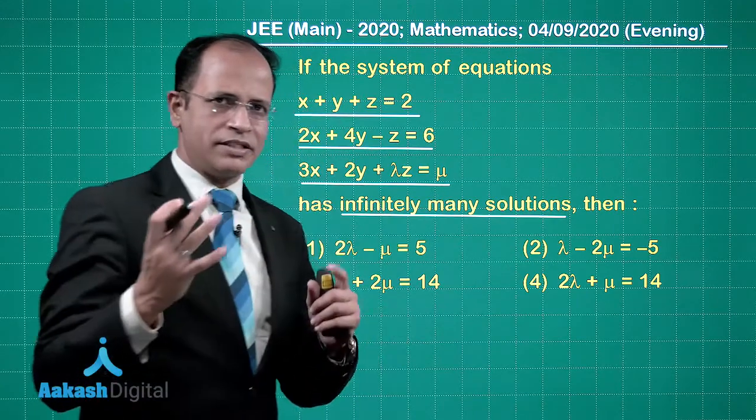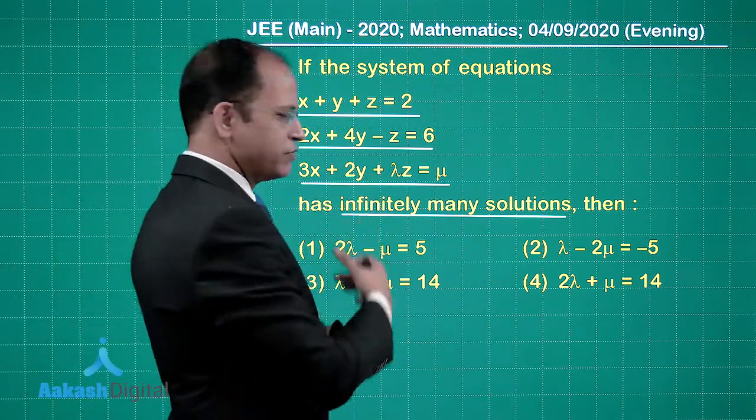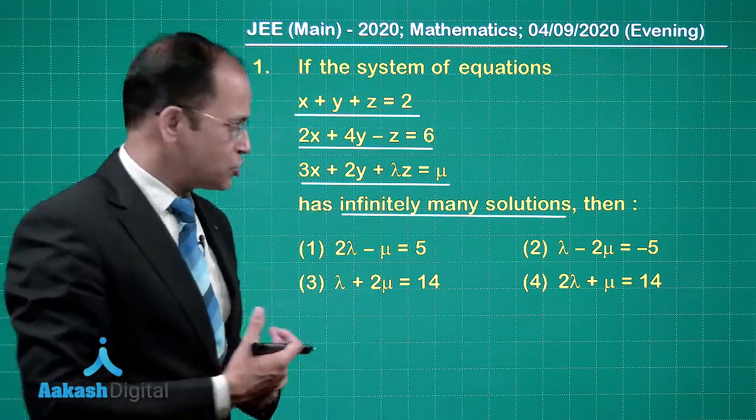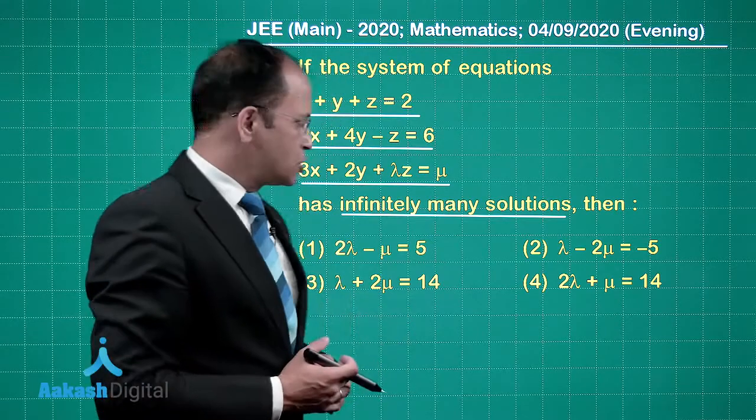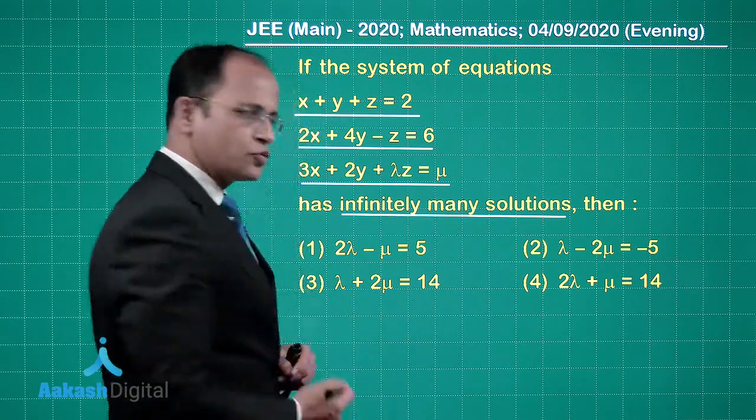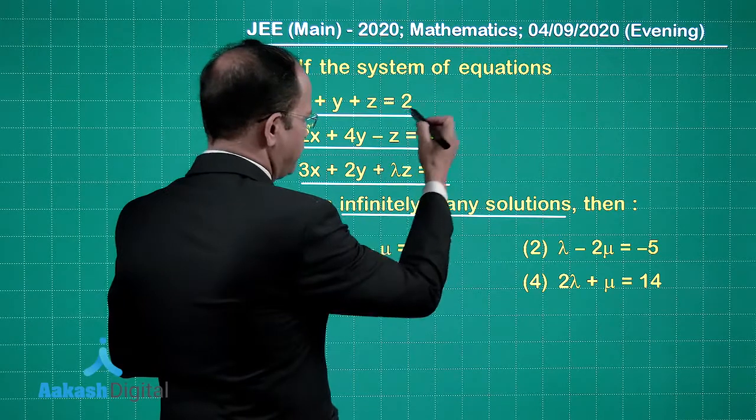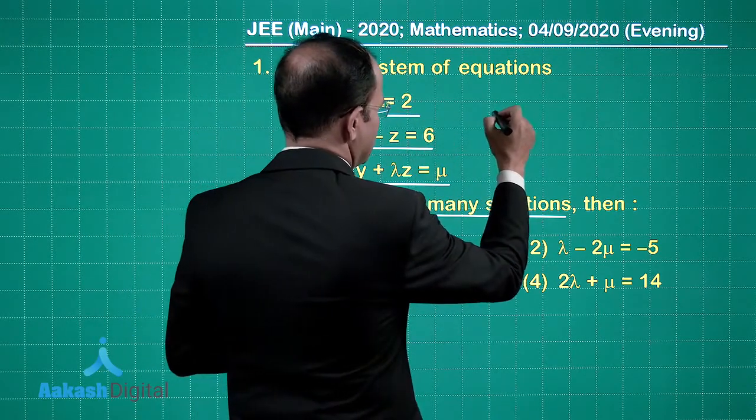If you just have a basic idea of how to solve this matrix equation, you can just solve this. It's a very simple one. So when you say infinitely many solutions, my dear students, we have the determinant.